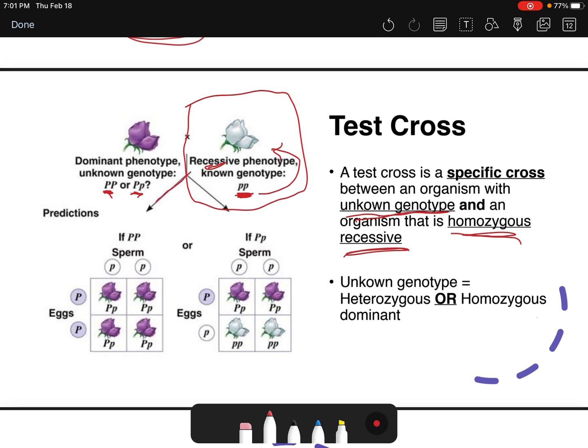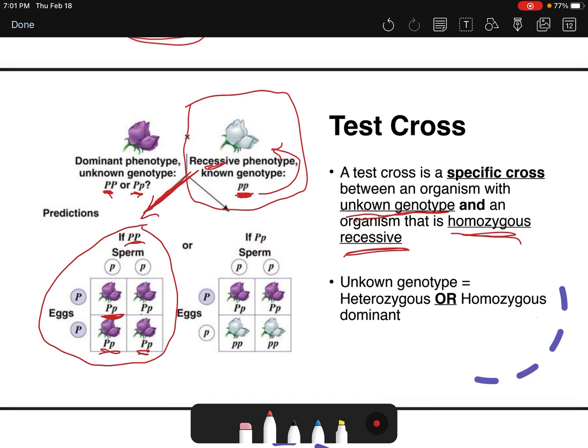So if you do the cross with a big P, or in this case, the homozygous dominant, all of the progeny will be purple because they will end up as heterozygotes.